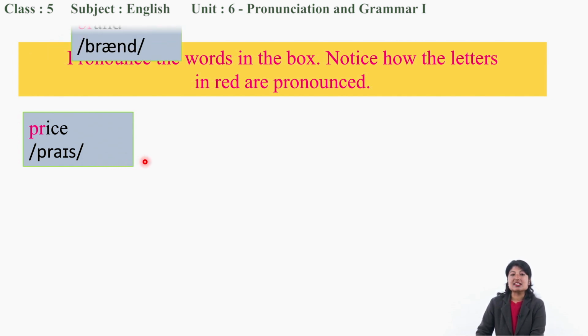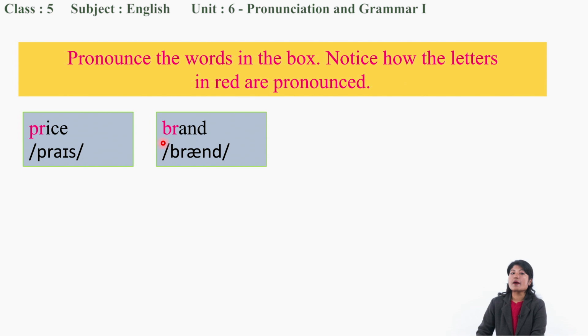Now let's go to the next word. What is that? Here it goes. B-R-A-N-D. What is it? Brand. Did you get it? It is brand. Come on, practice with me.